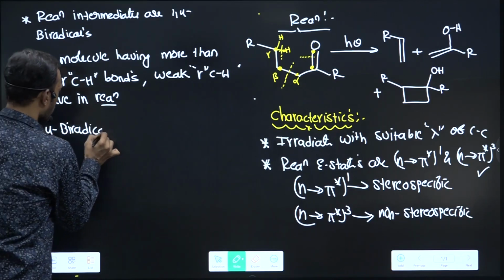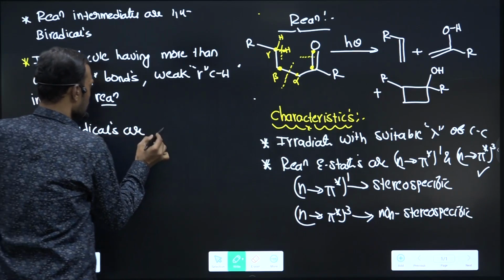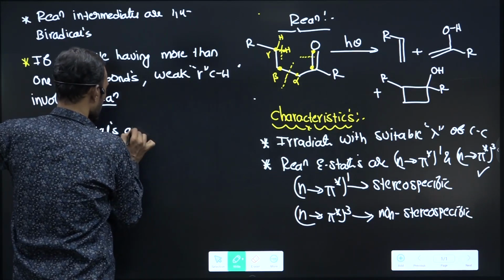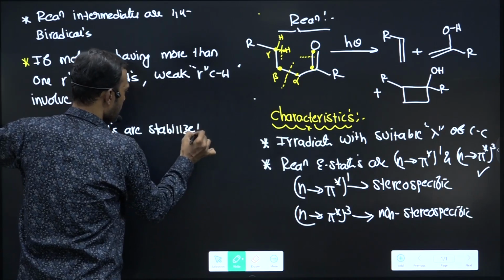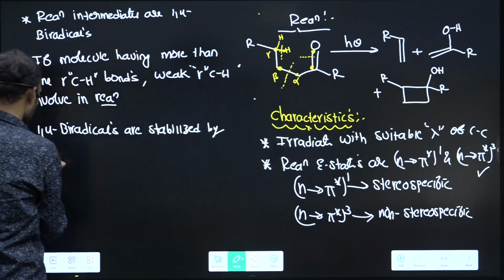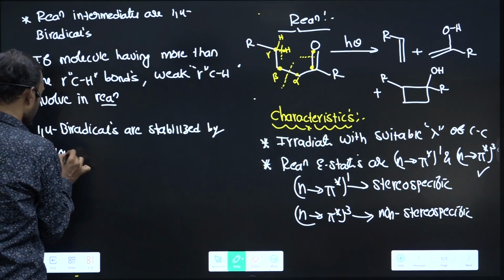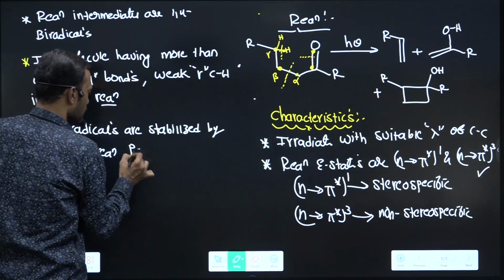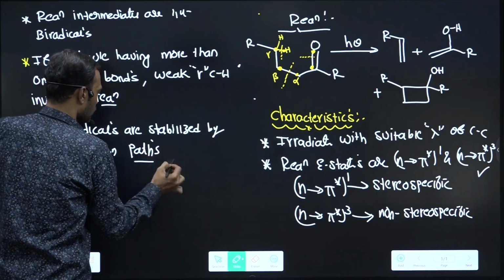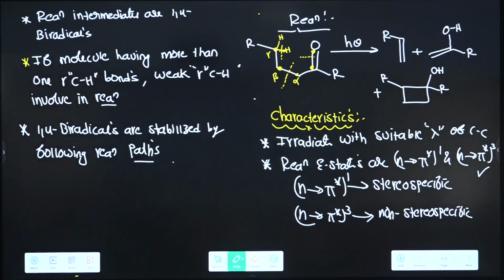Okay. 1,4 biradicals are stabilized by the following reaction paths. In the Paterno-Buchi reaction, what is the intermediate? A 1,4 biradical.